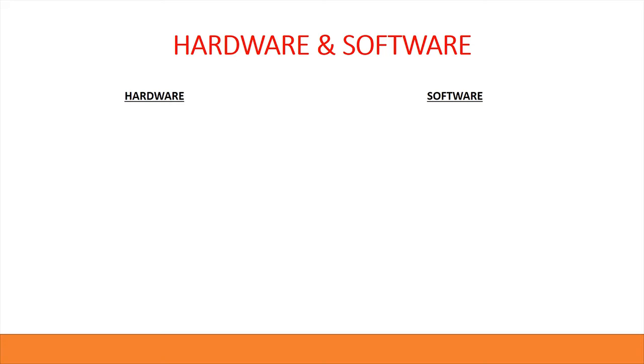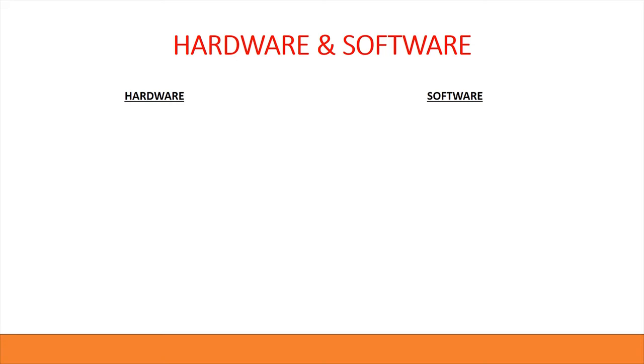Hardware requires software to run and software requires hardware to run. So that is the combination of a computer system. A computer requires both hardware devices as well as software applications to actually function.